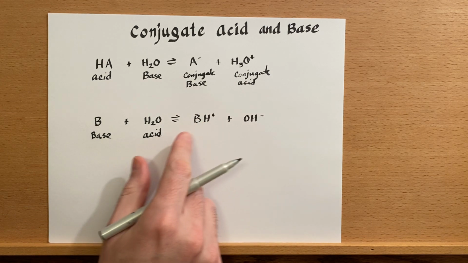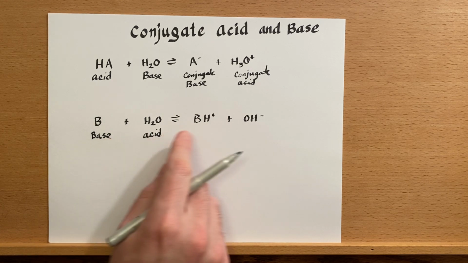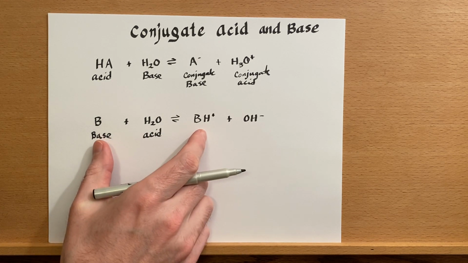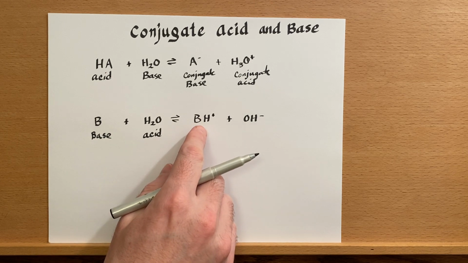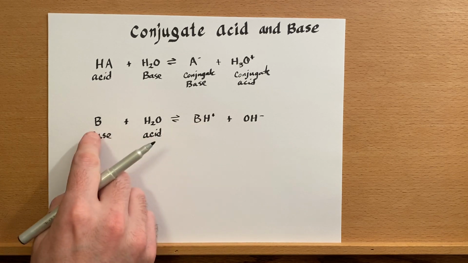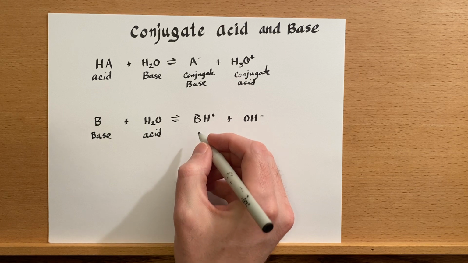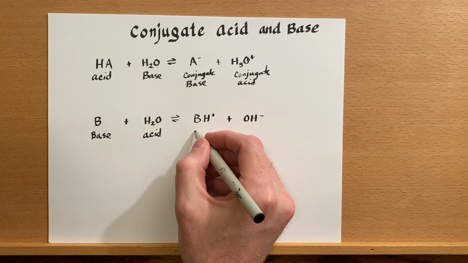Now, this is the conjugate to our base. It's the conjugate acid. Notice how it has one more H plus than our base does. That is one of the ways to identify them.